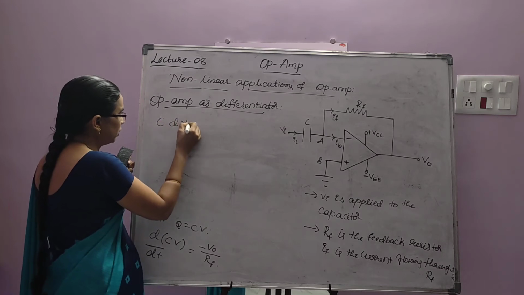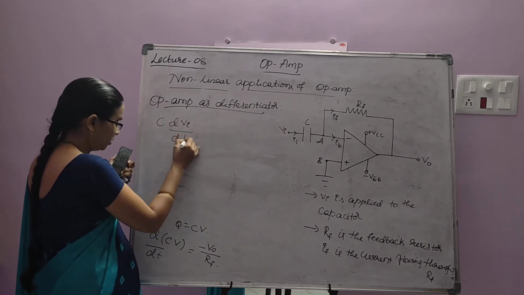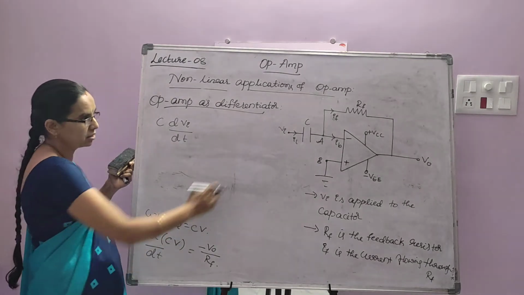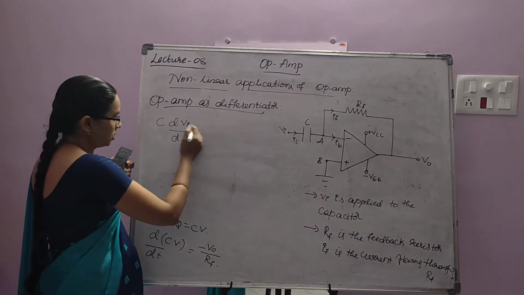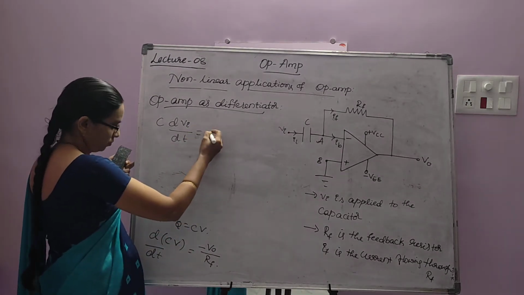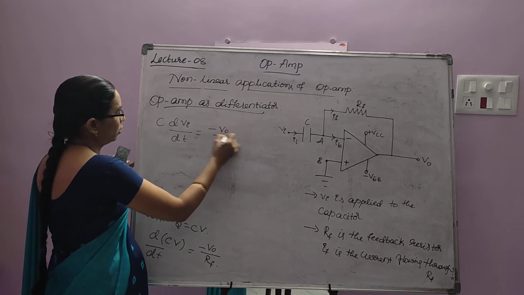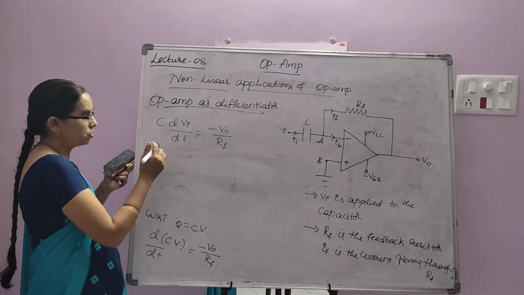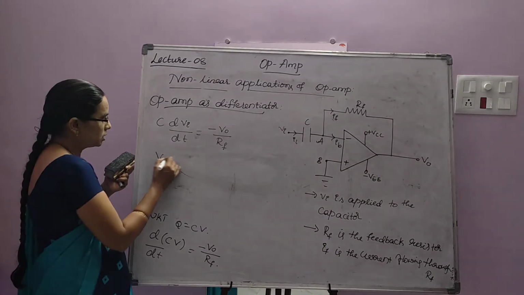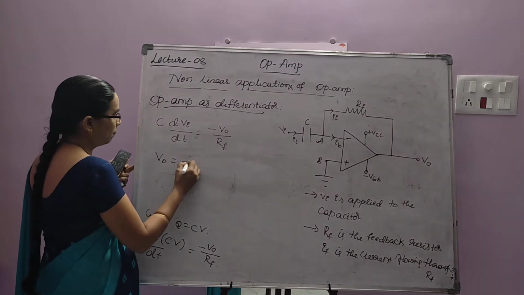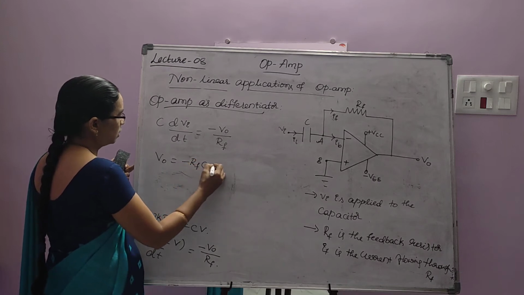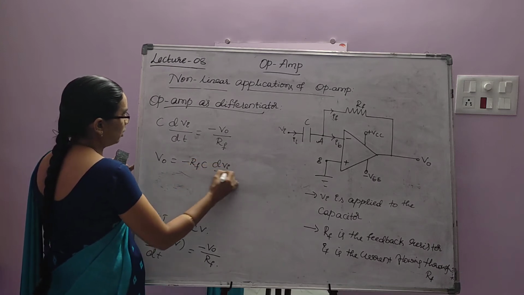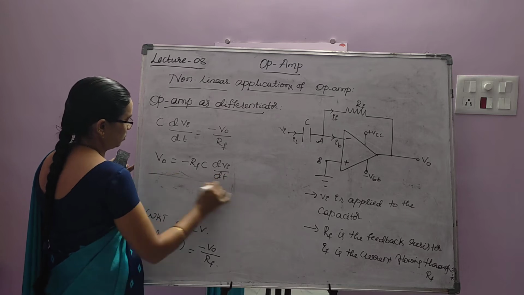C into dVi by dt, where the voltage across the capacitor is the input voltage, is equal to minus V0 by RF. By rearranging this equation, we can write V0 is equal to minus RF C into dVi by dt.